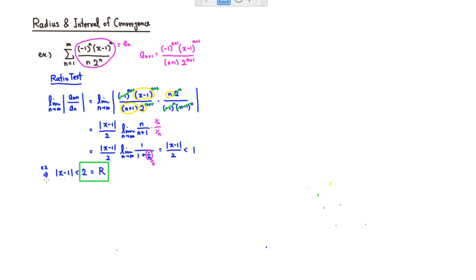We're going to have to write it as an inequality here. So by getting rid of the absolute value sign, we know that x minus 1, absolute value is less than 2, means that it's going to be between negative 2 and positive 2, right?